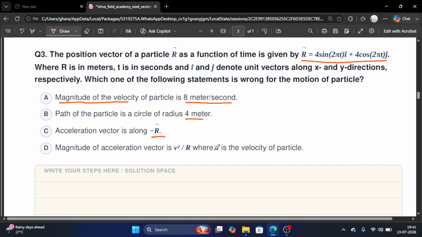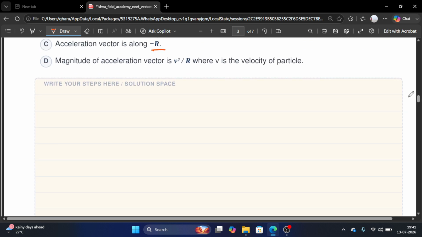So first I calculate the velocity here. This is the position vector r: 4 sine 2 pi t i cap, plus 4 cos 2 pi t j cap.